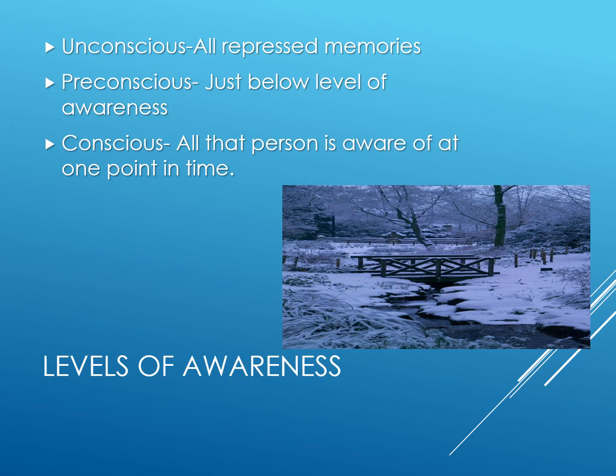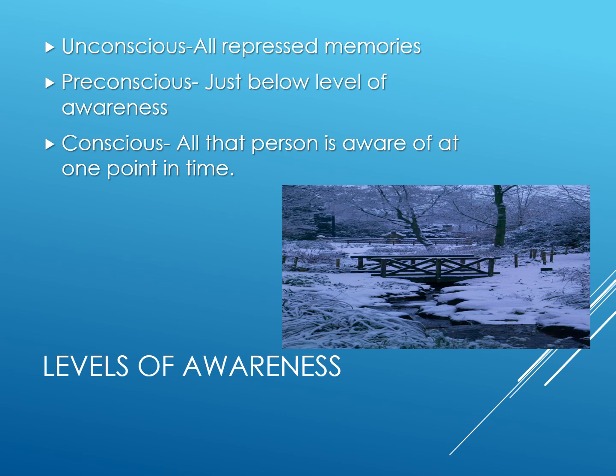According to Freud, there are three levels of awareness: the conscious, the preconscious, and the unconscious. So the conscious level refers to perceptions, thoughts, and emotions that exist in a person's awareness, such as being aware of happy feelings or thinking about a loved one.